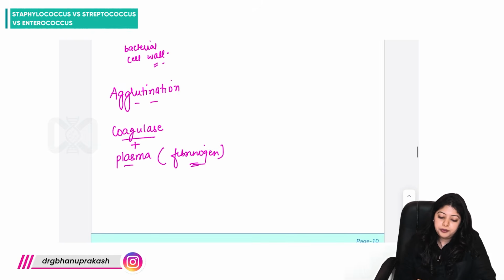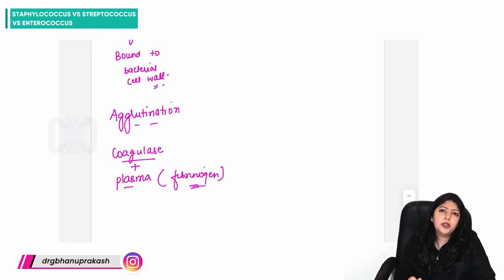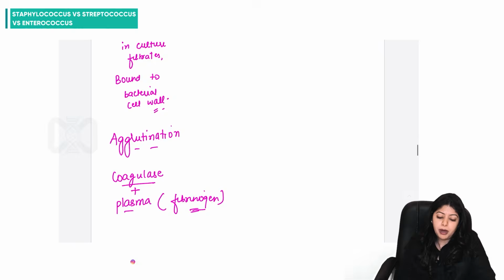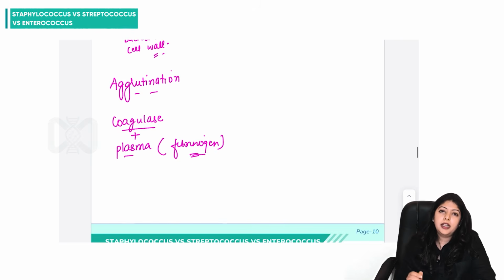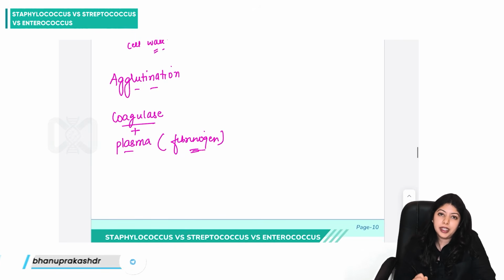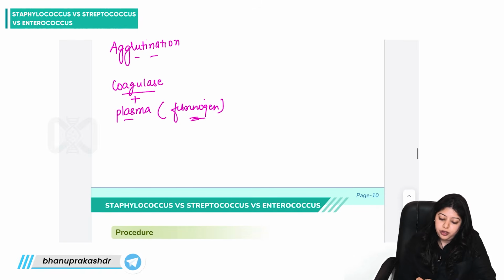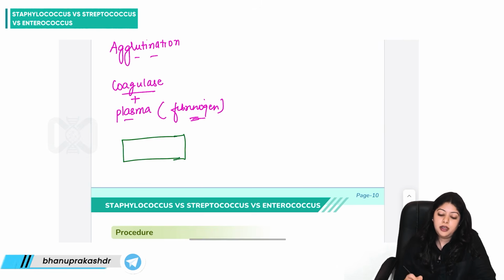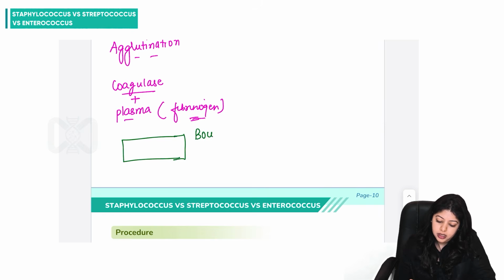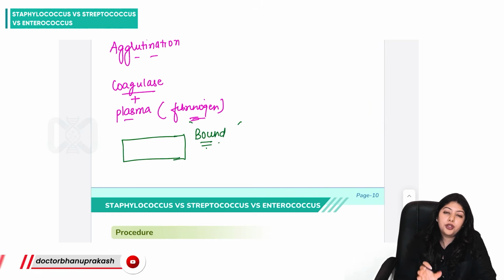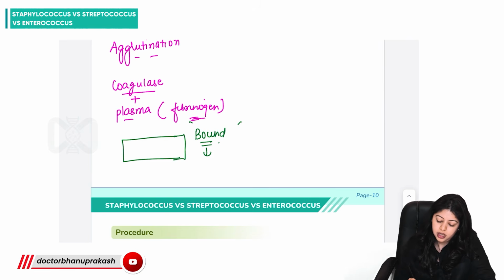Now, to test this particular clumping factor or bound coagulase, remember that it is always done on a slide, right? A slide has so many edges. Can we say a slide has boundaries? Bound coagulase test is done for something having sharp margins or boundaries, so a slide test is done for that.